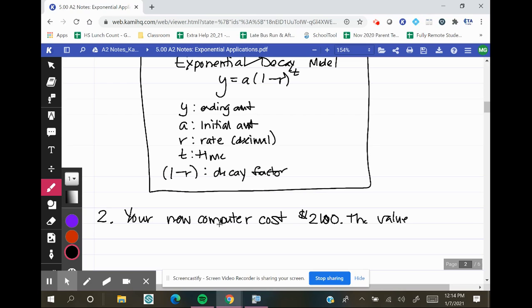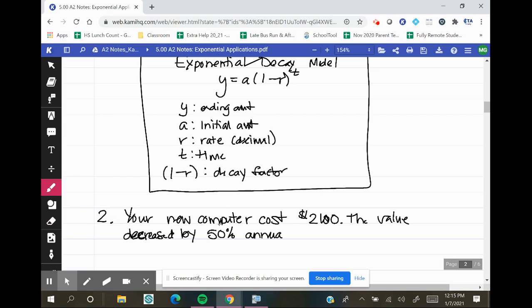And whoa, the value decreased by 50% annually. And annually, again, just means yearly.